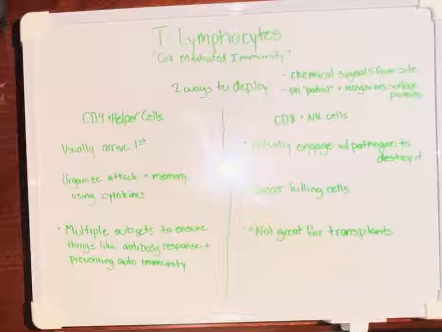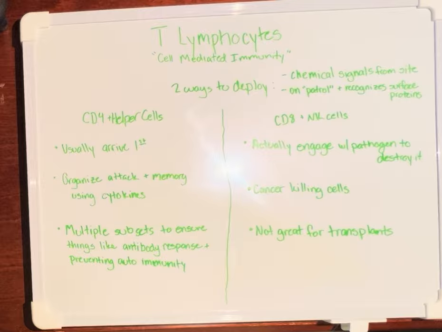They organize the attack from the T lymphocyte. They organize things like antibody response, so your B lymphocytes, and the whole time they're just talking back and forth. They don't actually do anything with the pathogen, but they're like your airplane towers. Oh my gosh, the FAA and air control. There we go.